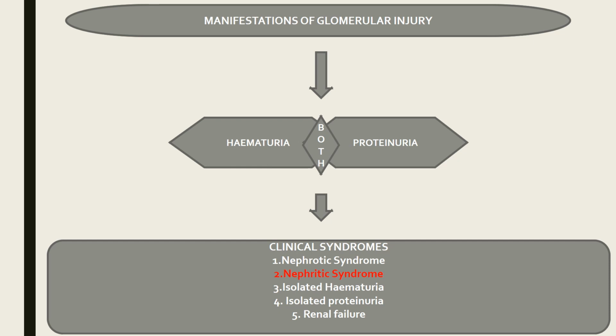These clinical syndromes include the nephrotic syndrome, which we had talked about the last time. Secondly, may present as the nephritic syndrome, which we're going to be talking about today, or may present as isolated hematuria or isolated proteinuria, or may just present as renal failure.